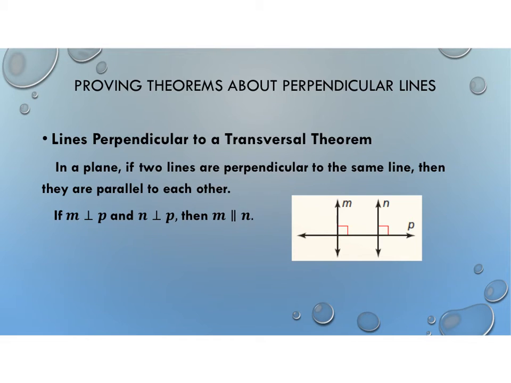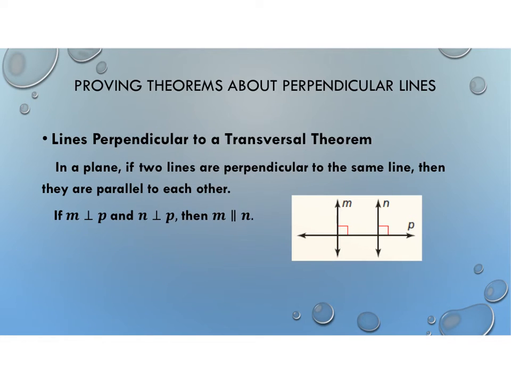This is the last way that I talked about in 3.3: you can also show that lines are parallel by saying if two lines are perpendicular to the same line, then they're parallel to each other. So this is a way that you can prove that the lines are parallel.